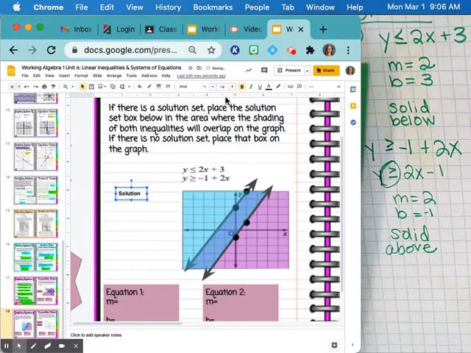I'm going to make it bold so it sticks out. Kind of turn it and put it in between. There we go. So the solution set is between those two. Let me make it a little bigger. So that is our solution between the two lines.